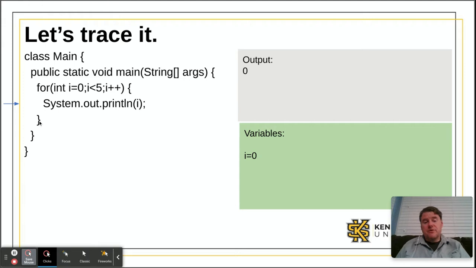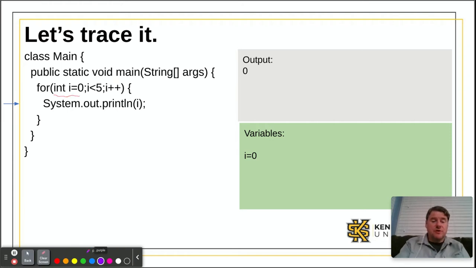Now, it's slightly weird. The first time through the loop, the thing that's going to happen is the first part. But on every subsequent trip through the loop, the thing that's going to happen is the last part. Because you only initialize the variable once, and that's the very first time you go through the loop. Every other time you're going through the loop, you're going to do the increment, not the initialization.